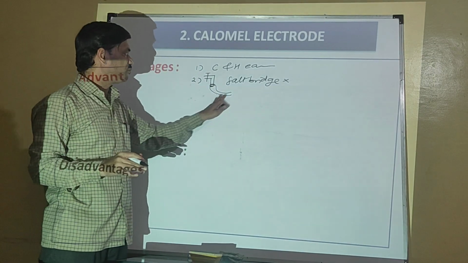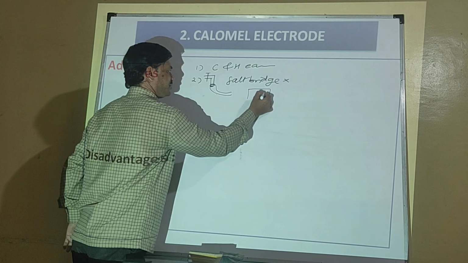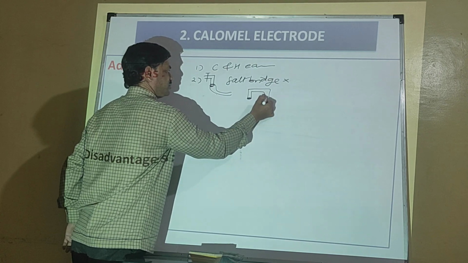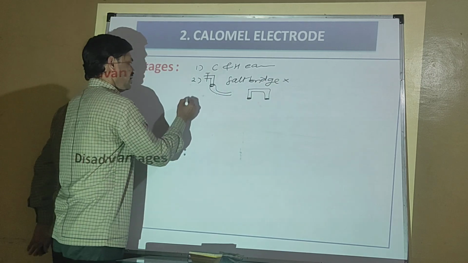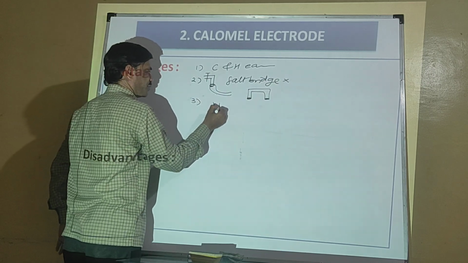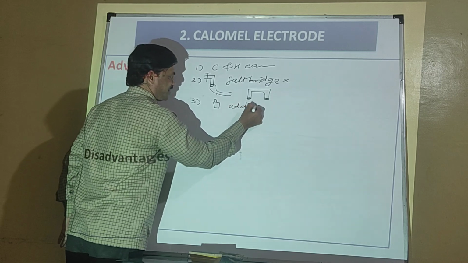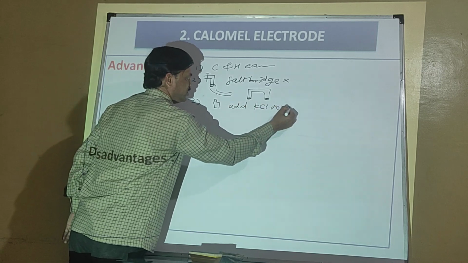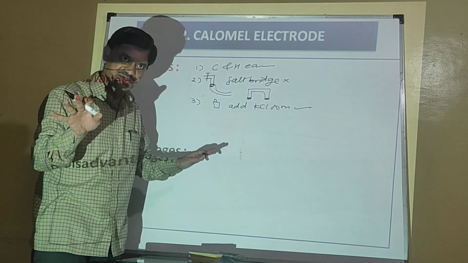So there is no need of which one? Salt bridge. What is a salt bridge? It is an inverted U-shaped glass tube which is used to couple two half cells. So there is no need of such a salt bridge. What about the next one? Due to the presence of an opening at the top, we can easily add fresh KCl solution so that the process becomes continuous. No need to stop the operation.